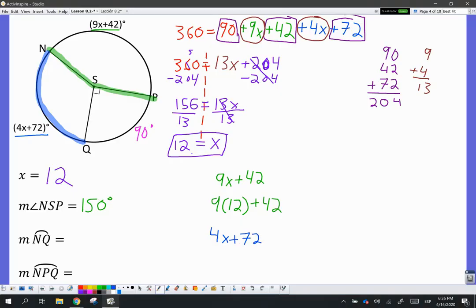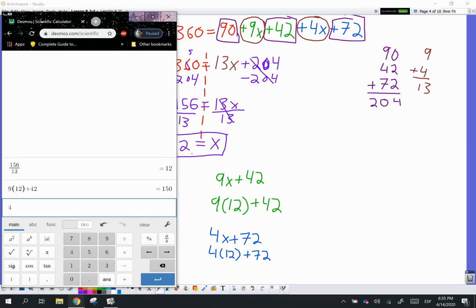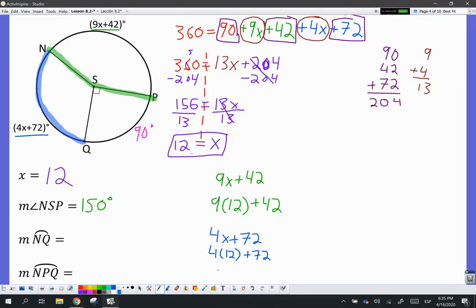Since I know that x is 12, I'm going to substitute that in. And let's plug that in the calculator. 4 times 12 plus 72, and we end up with 120. And that's the measure for NQ.